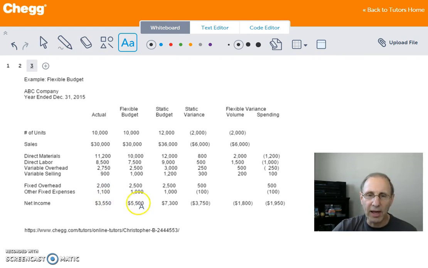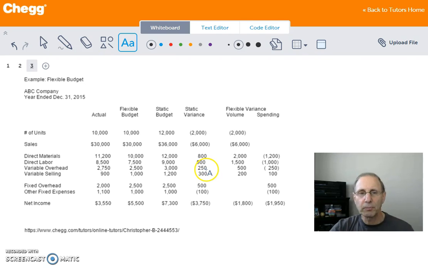When we compare that $3,550 to the static or original budget of $7,300, we see that we had an unfavorable variance in net income of $3,750, comprised of these various line items.